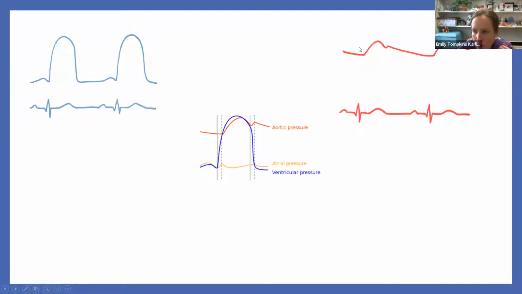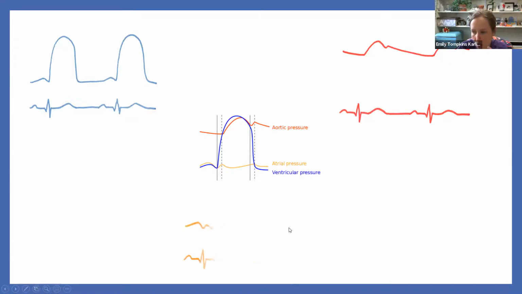We don't really do this, but if you kept pushing the catheter farther in and it went backwards across the mitral valve up into the left atrium, then you would get an atrial pressure waveform. The atrial pressure waveform has its own little bumps, with an A, a C and a V wave that happen at different parts of the cardiac cycle. And it's at much, much lower pressure, so the atrial pressure tracing is way down here at the lowest part of the ventricular pressure tracing all the time.